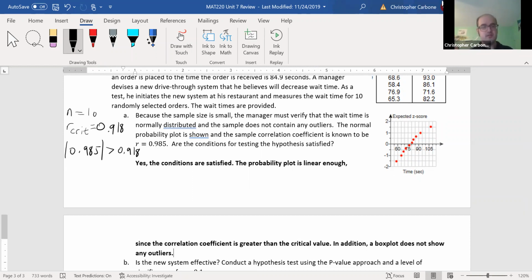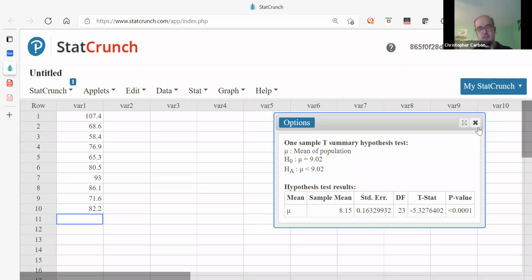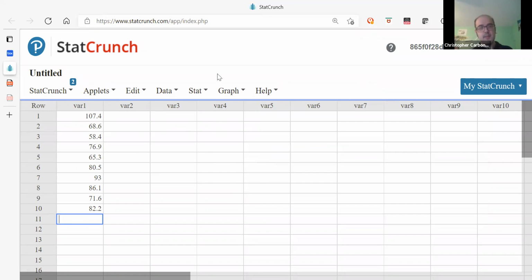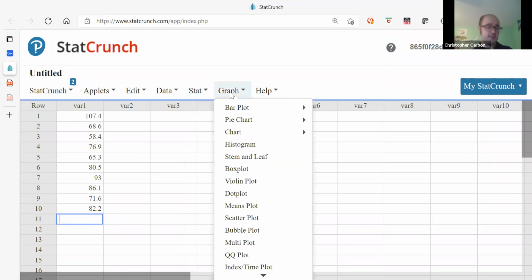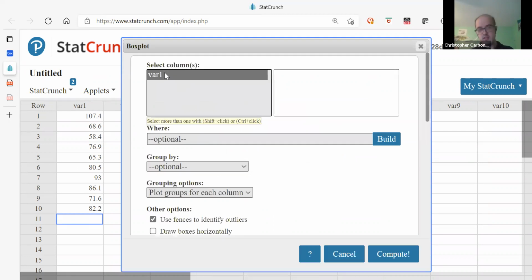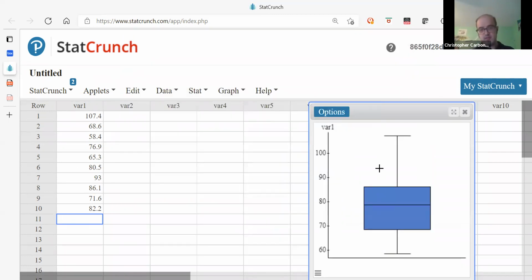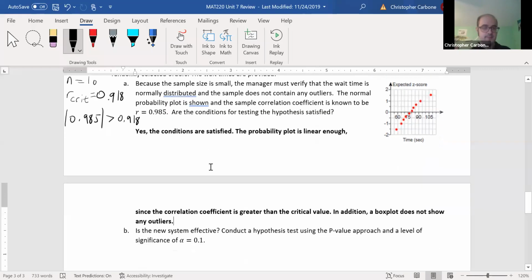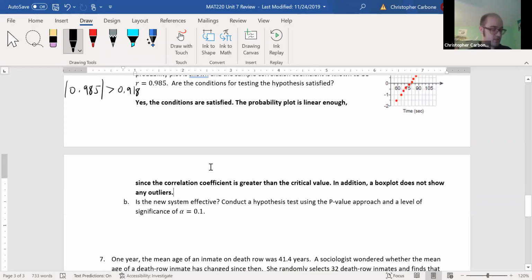If you wanted to, I could show you what that looks like in StatCrunch very quickly. This is the data. If you wanted to verify that using a box plot, under Graph, Box Plot, you would choose the variable and you would look at the box plot, which does not show any outliers based on our fencing that we would normally use. So because of that, conditions are satisfied.